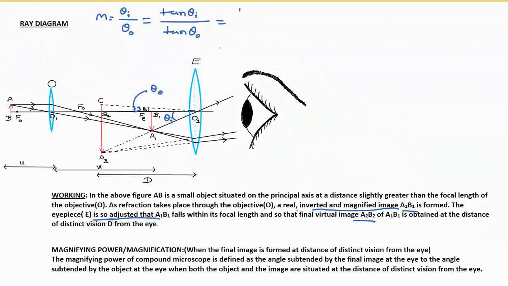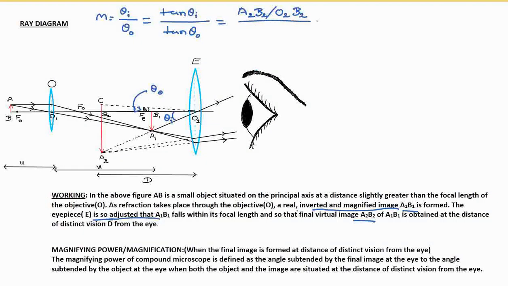This is equal to, see in this diagram, we have to find the tan theta I. See, in this triangle A2B2O2, tan theta I is equal to A2B2 divided by O2B2.